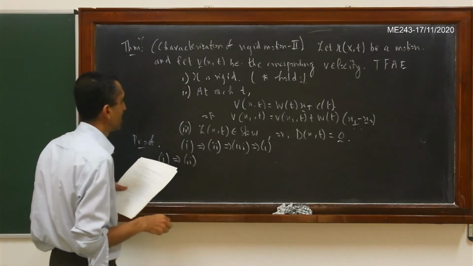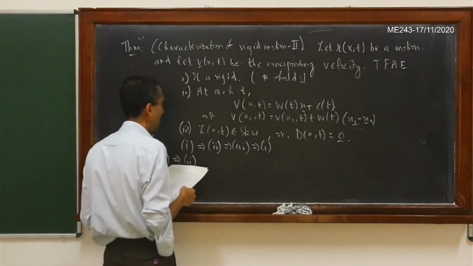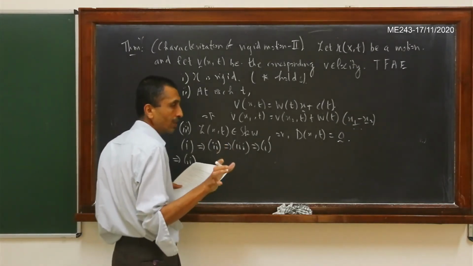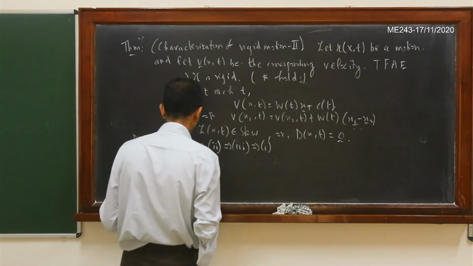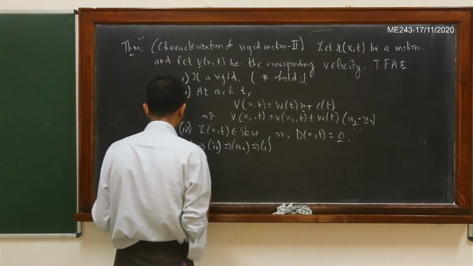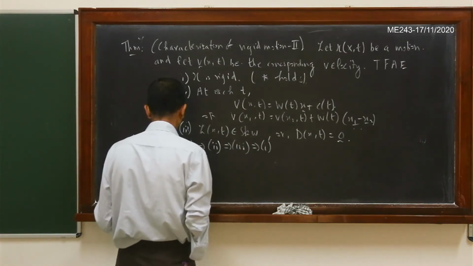So that means that star holds, that del by del t of the distance between any 2 points is equal to 0. And now we want to show that V has the representation I have put here.